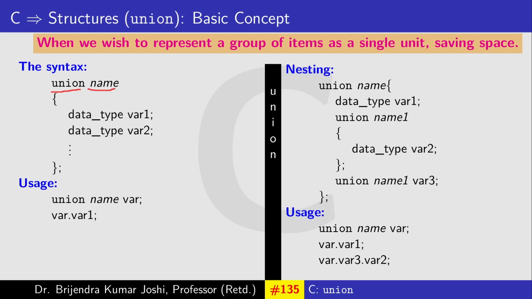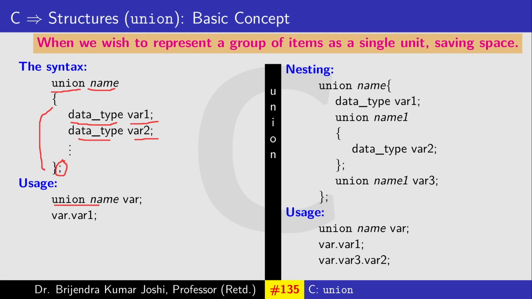Then some legal name in this scope, a pair of curly braces, and a semicolon, as usual the statement terminator. Within this, a data type and some variable, then a data type and another variable, and so on, just like a structure.